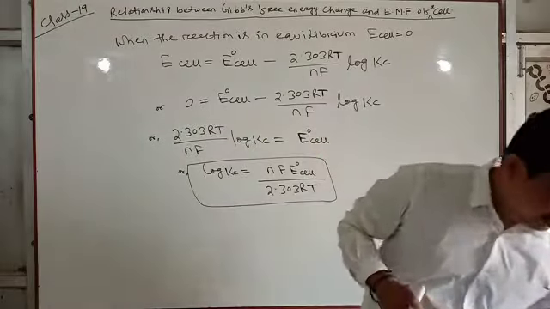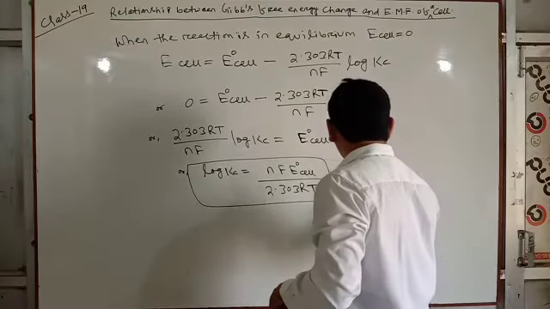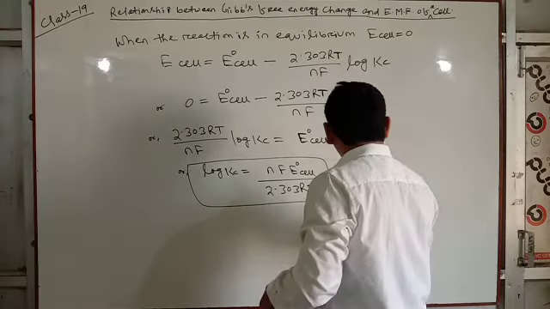Log Kc equals nF E naught cell over 2.303 RT. This is the formula. It is equation 3, it is equation 4.